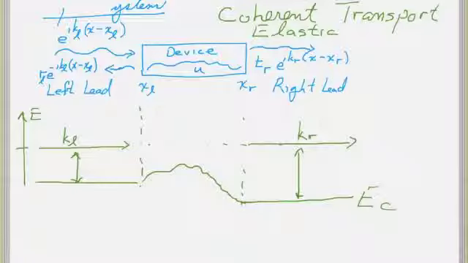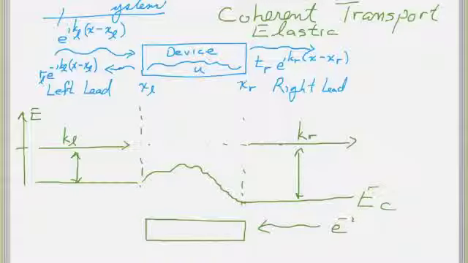And similarly, I can set up the same thing where I inject from the right side. So I can inject from here, and this would be e to the minus i k_R (x minus x sub R).